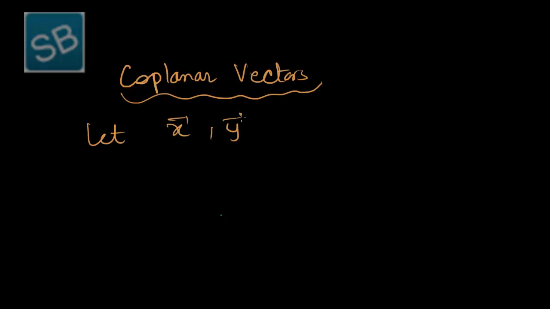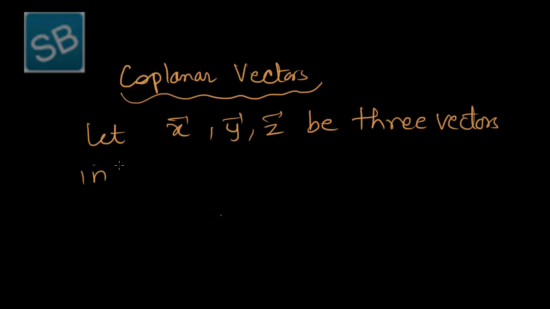Next is coplanar vector. As the name suggests, coplanar vectors are those which lie in one plane. So let vector x, vector y, vector z be three vectors in R cube.